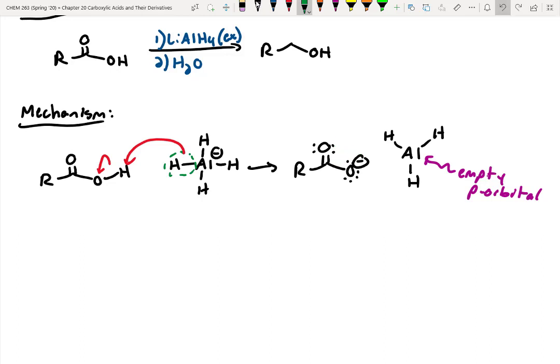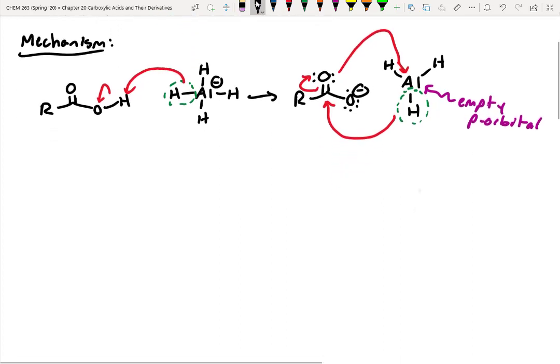All right, so what we can show is a Lewis acid-base adduct where the lone pairs from one of these oxygens attacks into the empty p orbital on aluminum. At the same time that happens, a second equivalent of our hydride will attack straight in and kick up electrons. So it's a little bit weird.